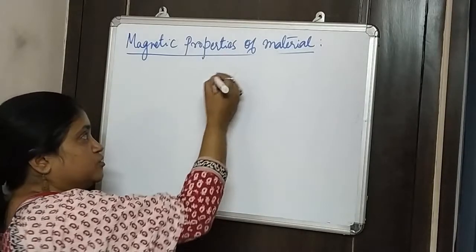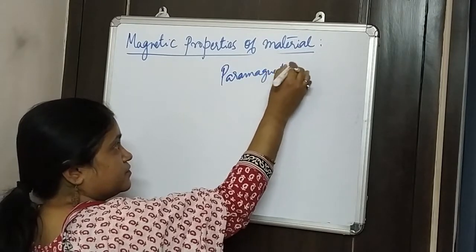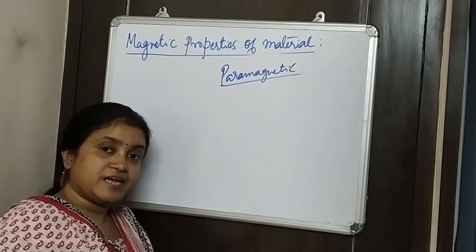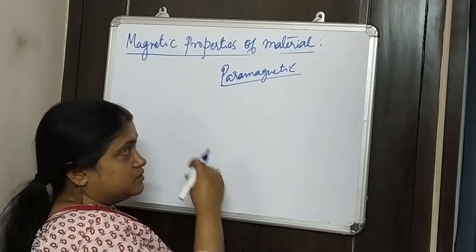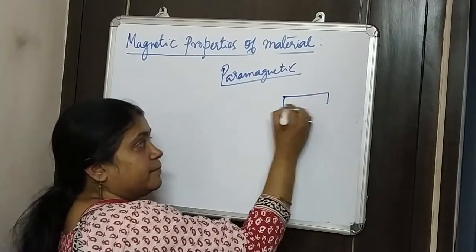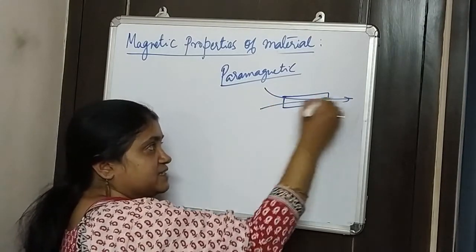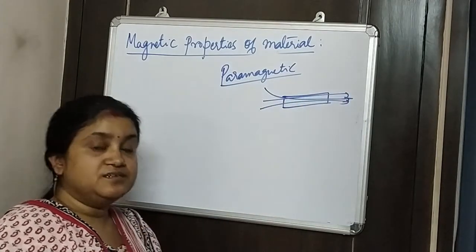Now coming to paramagnetic material. This type of material is weakly attracted by a magnet. Suppose we keep a paramagnetic bar near a magnetic field. We see that the magnetic field lines get concentrated through this paramagnetic substance.